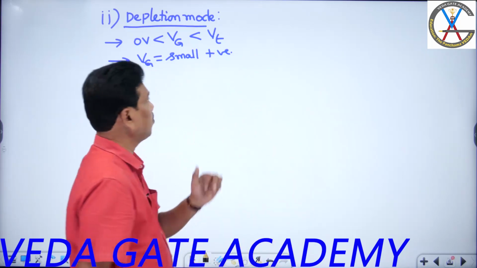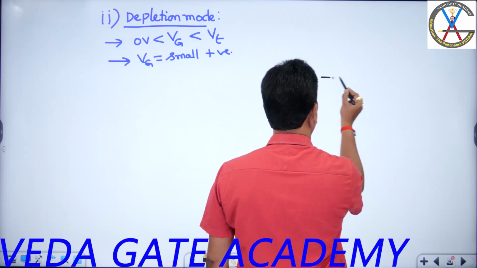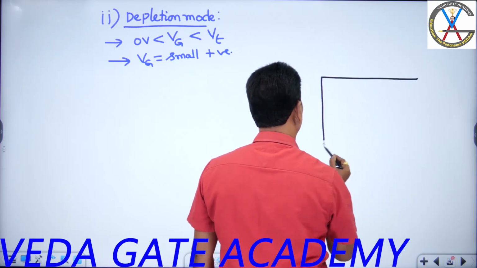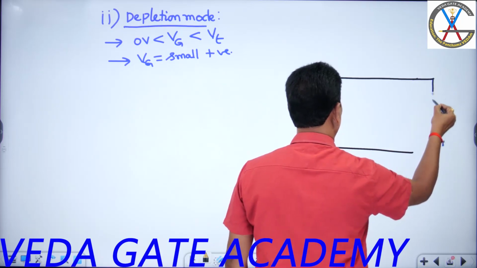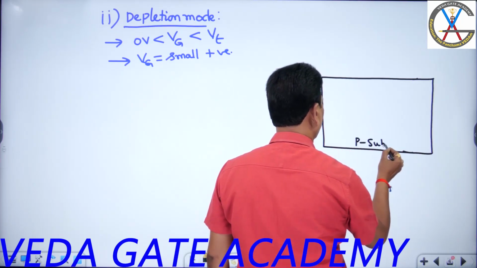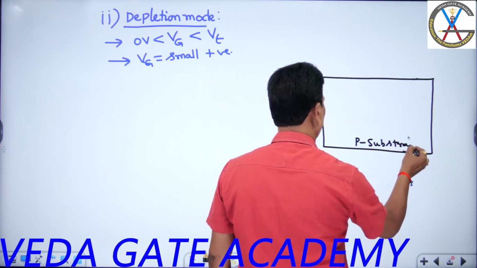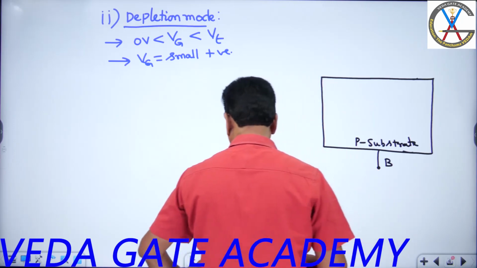So depletion mode, I can call, with small positive voltage. This is the structure, you know. I redraw that one now. This is the P-type substrate, you know. So the terminal of the body. Okay.